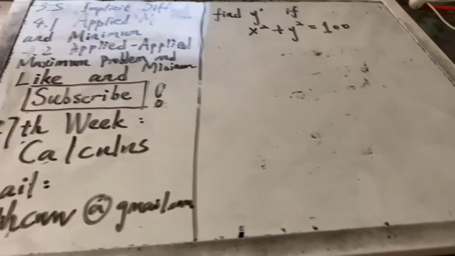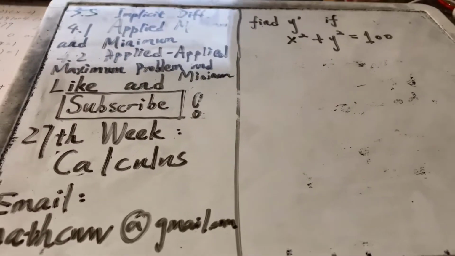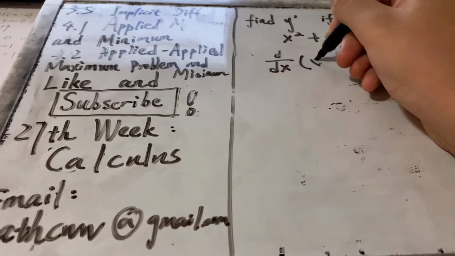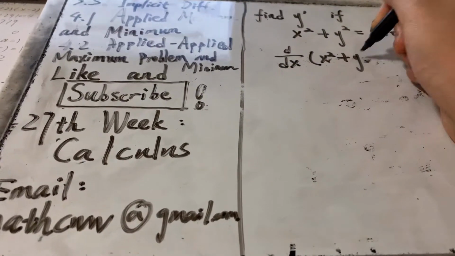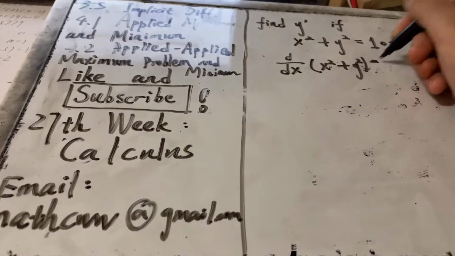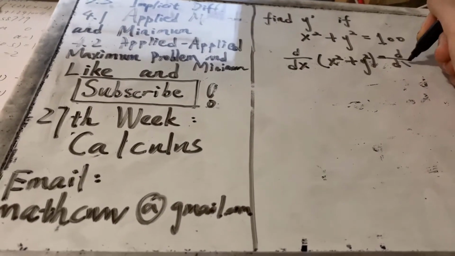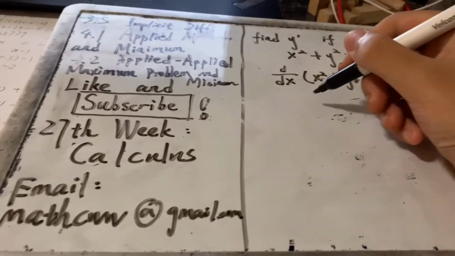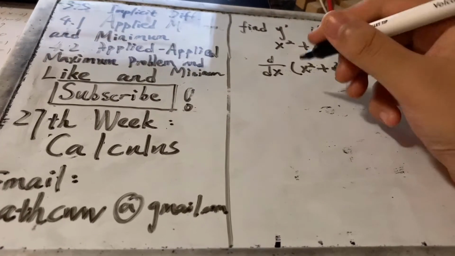To solve this problem, we are going to first add d/dx, a derivative, on both sides. This only works for a differential equation; when you try to do it in an actual equation, it doesn't work.